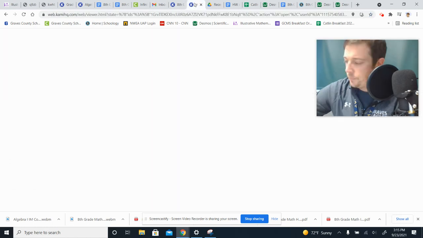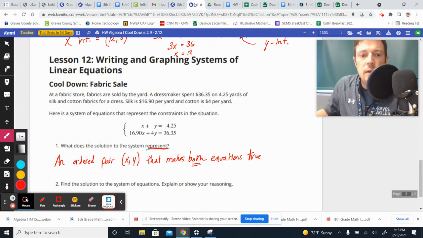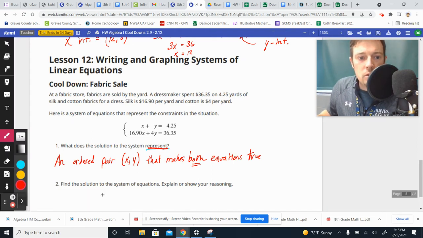So let's go back and let's write that down. Find the solution. So this would be 1.5 and 2.75. And they add together to make 4.25, which we need it to. And if you plug 1.5 in here for X and you plug in 2.75 here for Y, it will add up to equal those things.